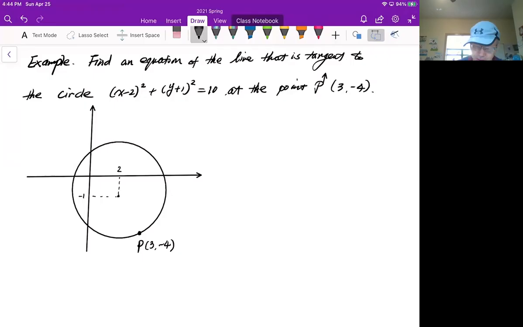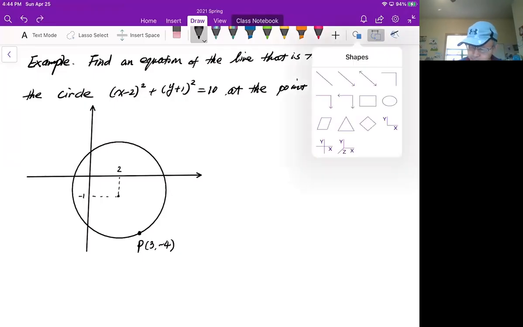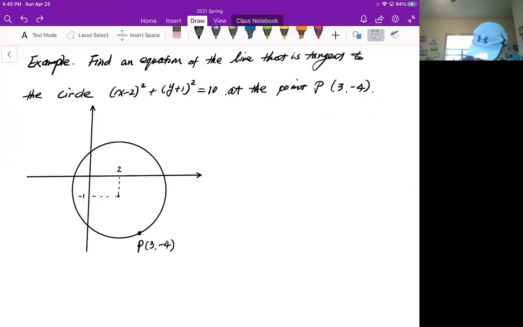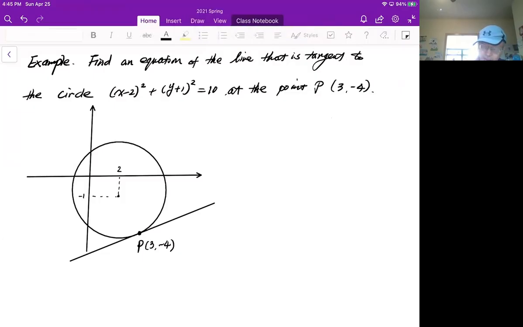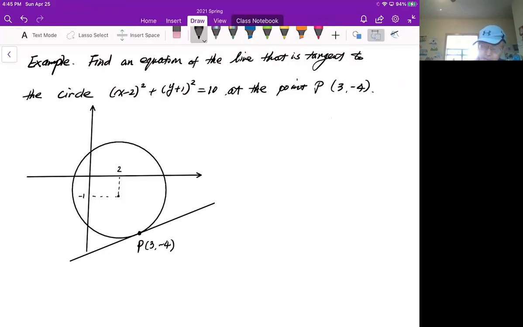How do I get that tangent line? All right, so let's see how I can do this. I got a tangent line here. Let's say this is O here.